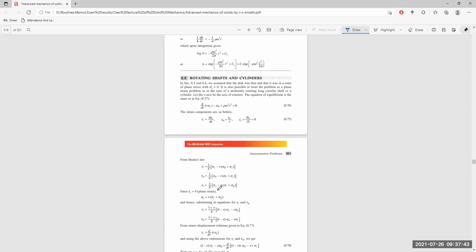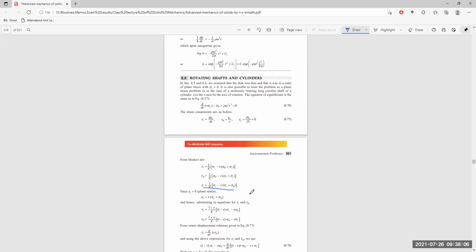Then this portion based on the third equation becomes equal to 0. So sigma z is equal to mu into (sigma r plus sigma theta) itself.